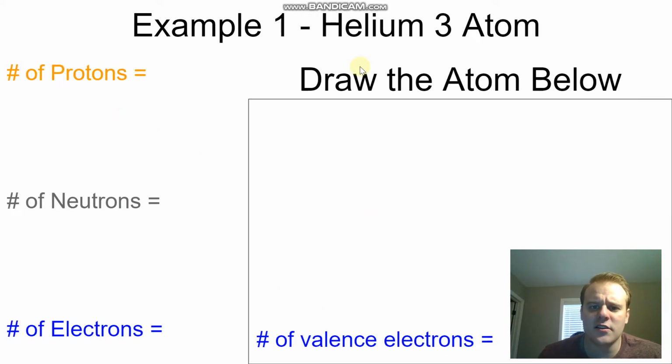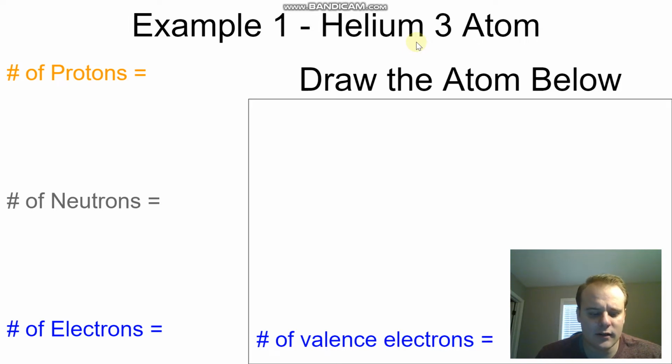Okay, so our first example is going to be the helium-3 atom, and we're going to practice how to draw this. The first thing we have to do is figure out how many protons this atom has. The key to that is looking at helium on the periodic table.